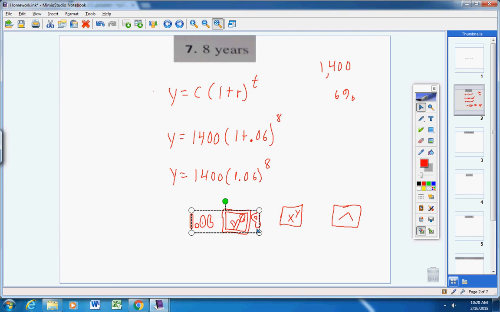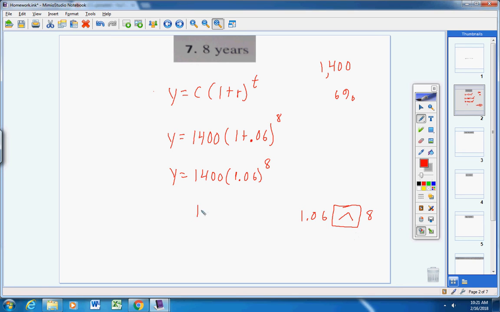Same thing if your calculator has this button right here. If it has this button here, you would first type in 1.06, then type this button here, and then type in 8 and hit enter, okay? And then of course if your calculator has this button here, right here, you would first type in 1.06, then push this button here, then 8, and then hit enter.